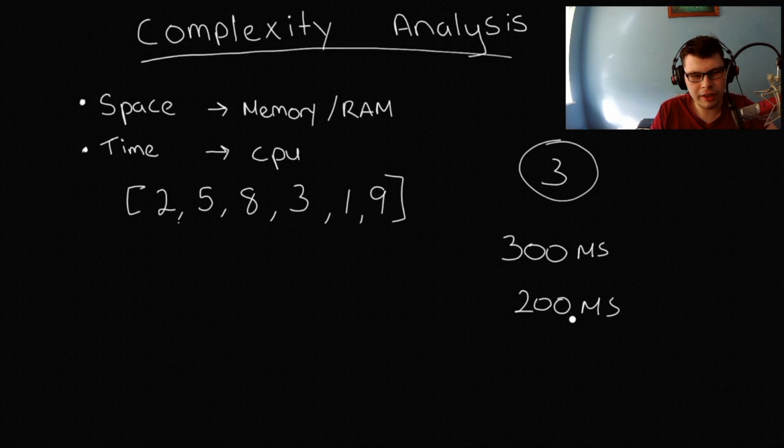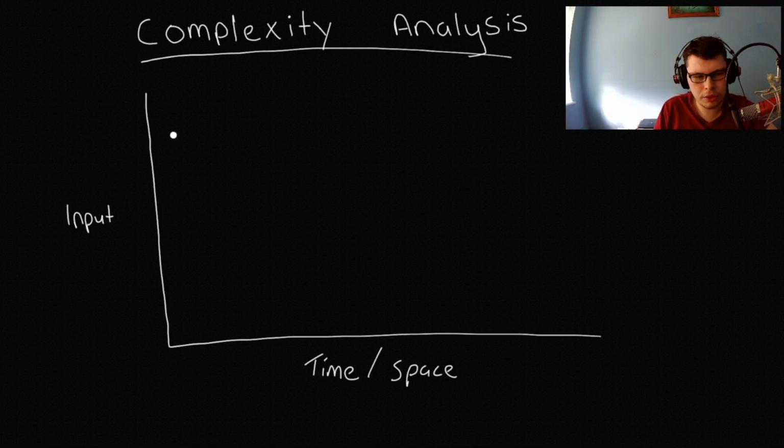So I'm going to get rid of this and I'm going to draw out a graph and show you the different types of growth curves we have. So I've drawn out a quick graph here, and we can see on this axis we have our inputs. So our input will start at 0 and our inputs could go up to whatever our input is.